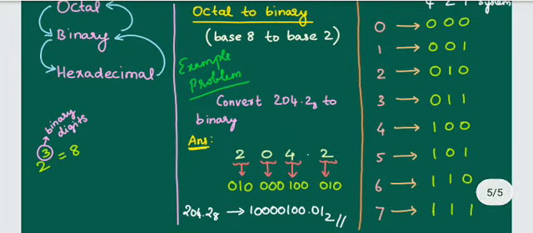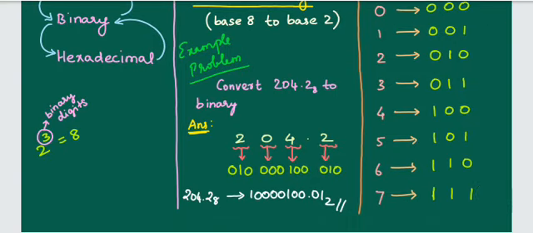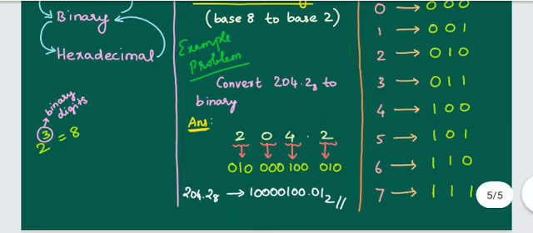What is the binary equivalent of 2? 010. What is the binary equivalent of 0? 000. What is the binary equivalent of 4? 100. It is there in the table on the right hand side. What is the binary equivalent of 2? 010. So this is the final binary equivalent, 10000100.010. This is the binary equivalent of the given octal number.